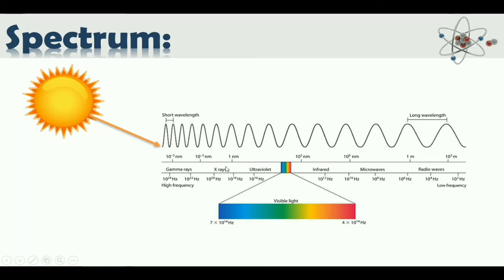After that, X-rays, ultraviolet rays, then visible light, VIBGYOR, infrared, microwaves, and radio waves. You can see the shortest wavelength is for gamma rays and the longest wavelength is for the radio waves.